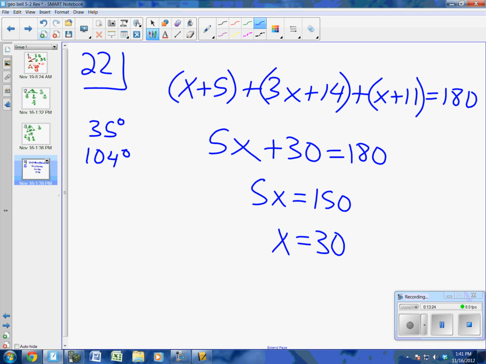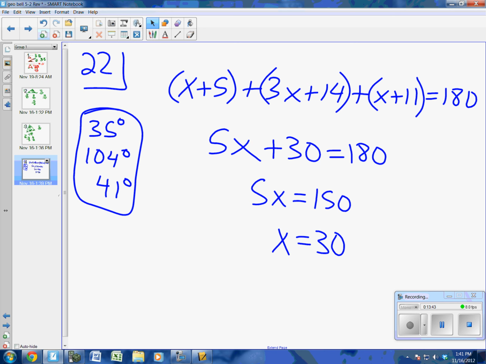And my last one is 30 plus 11, which is 41 degrees. Well, should add up to 180, right? I believe they do. All right, let's correct this assignment. That's the three. We found x by making that equation, and we found the three angles.